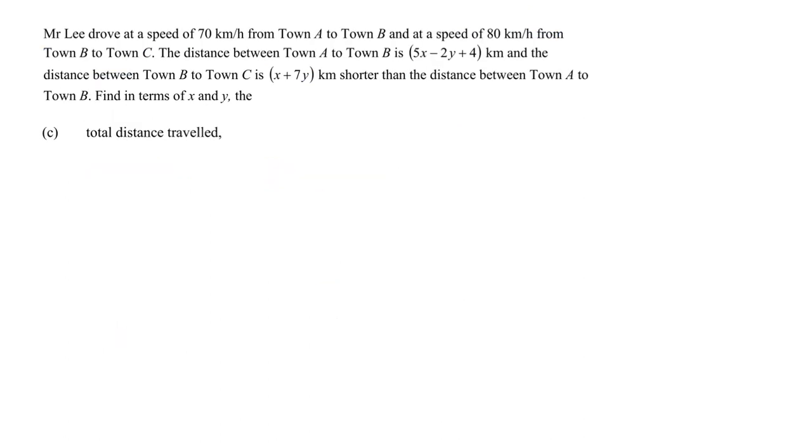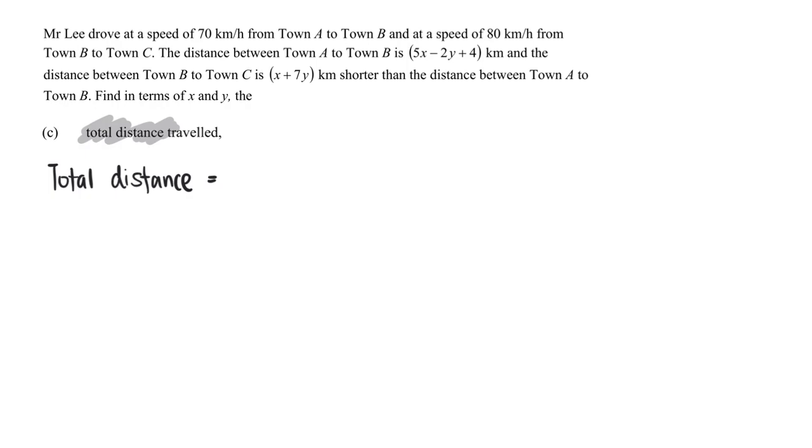For part C, we are required to find the total distance traveled. So for this particular total distance, we just need to add the distance from A to B and from B to C, right?